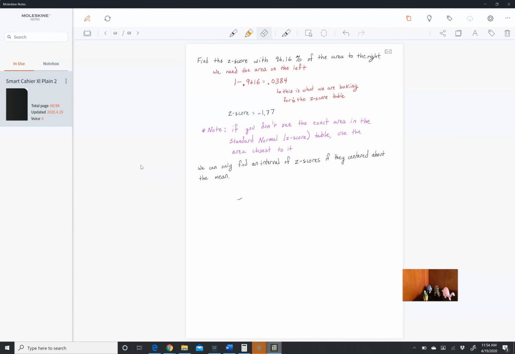Okay, in other words, here's our curve. Okay, here's our mean. Here's our interval. This is exactly the same distance as this, okay? So we're trying to find this area.